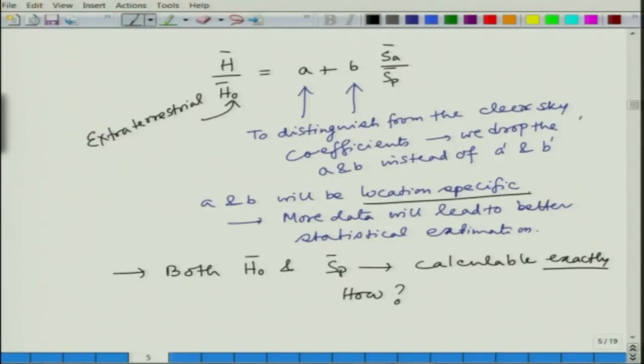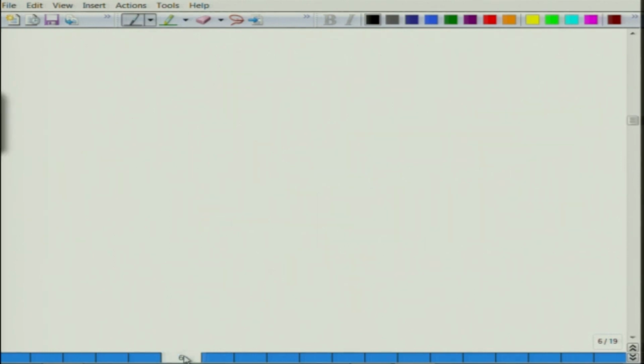That is why we call it location specific. Okay. But now we have a better plane to stand on, where the H naught bar and S naught bar, both of them we can calculate exactly. Now, we will see how we can calculate that.